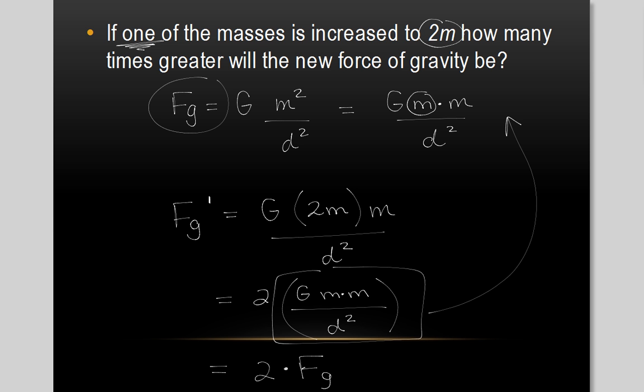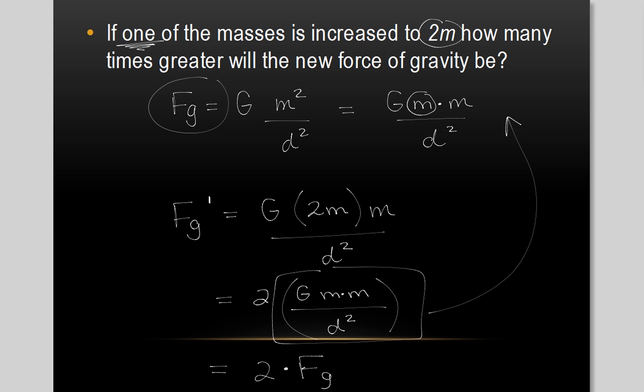All this shows is that the new force of gravity, Fg prime, is just going to be twice as large as the old force of gravity. Okay, so the new force of gravity is twice as large as Fg.